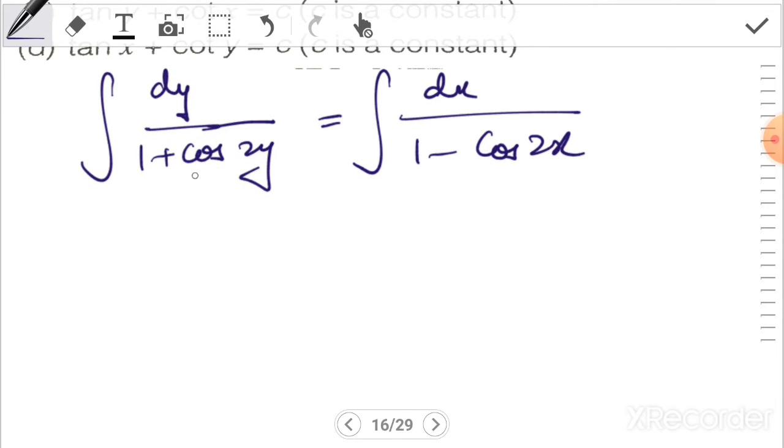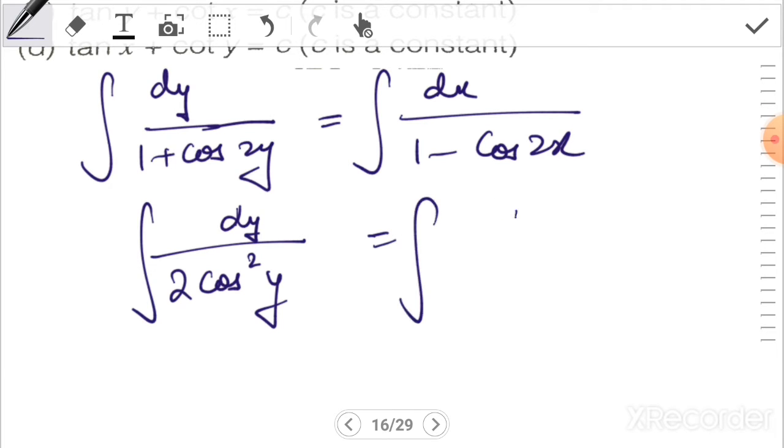So this is nothing but 2 cos square y, and this is 2 sin square x. Why?